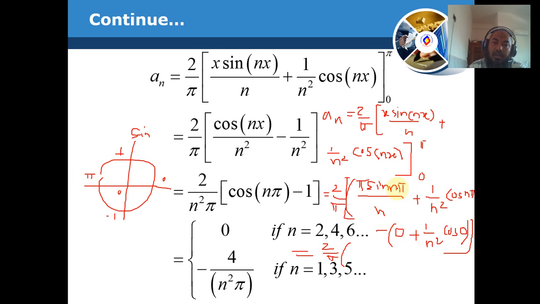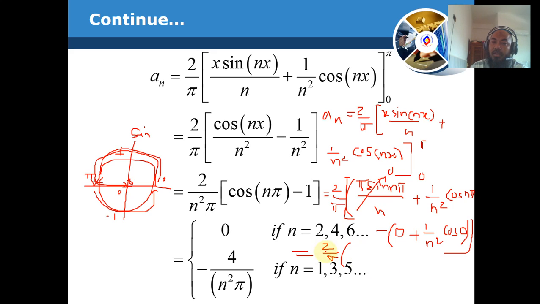So n is an integer number. If n is equal to 1, you will get this equal to 0. n equal to 2, this is again equal to 0. n equal to 3, 0. So for any integer number, sin n pi will be equal to 0.